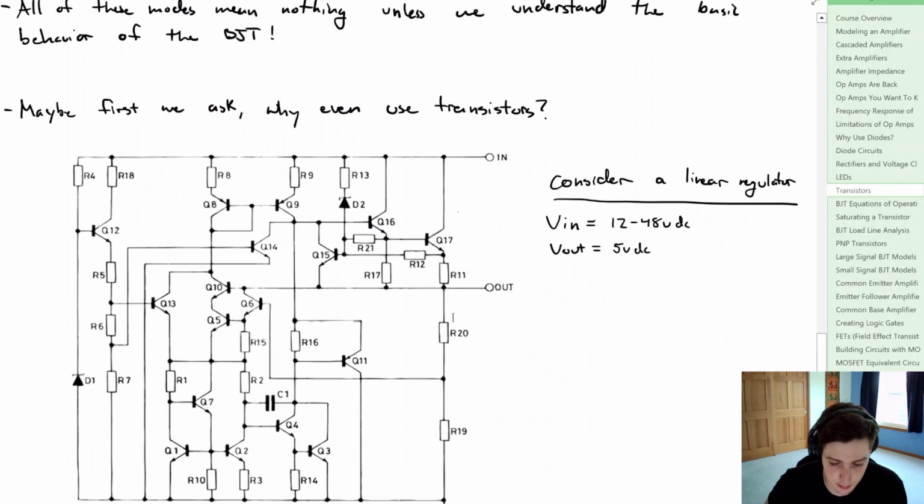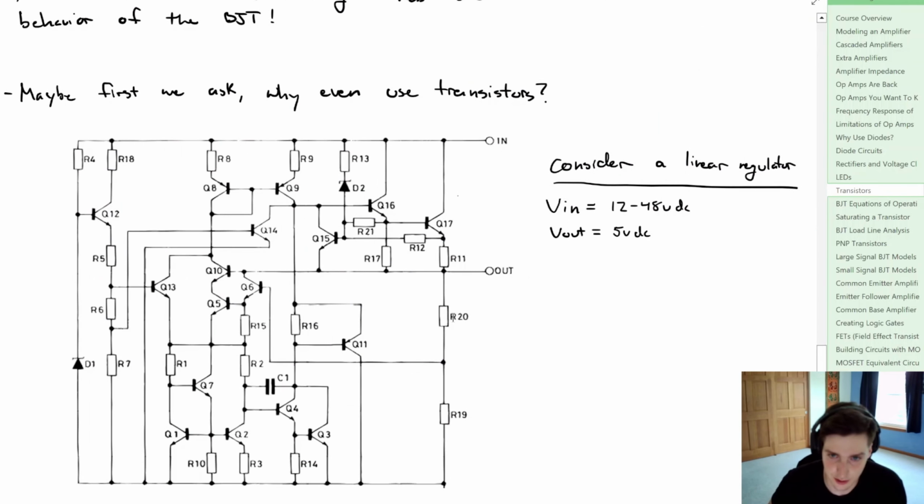So now we can pose the question, why even use transistors? And a very quick answer to that is because they are extremely tiny, extremely useful, and extremely cheap to make. They allow for this current-controlled switch, and that can be applicable in things like digital electronics, even analog electronics. And what we can do is consider a linear regulator, and we can say that if the input voltage, Vin, is anywhere from 12 to 48 volts DC.